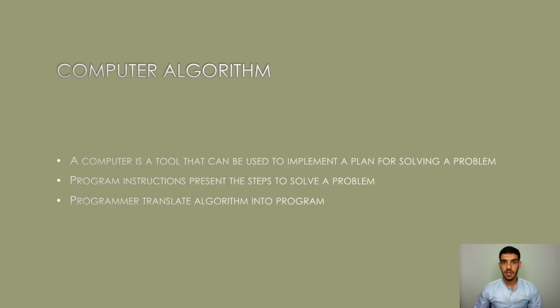The programmer is going to translate the algorithm, which is human readable, into code, which is machine readable. And finally, the code that the programmer writes shall explicitly state the steps that lead to the solution. Step number 1, do this. Step number 2, do that. You know, it seems like you are talking to a kid.